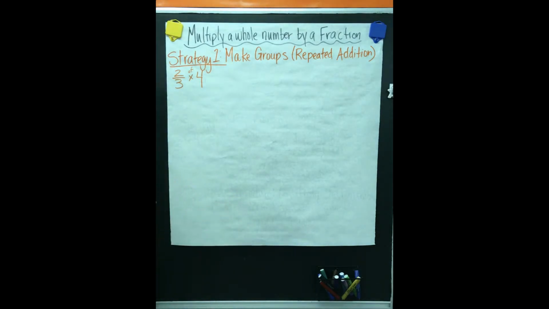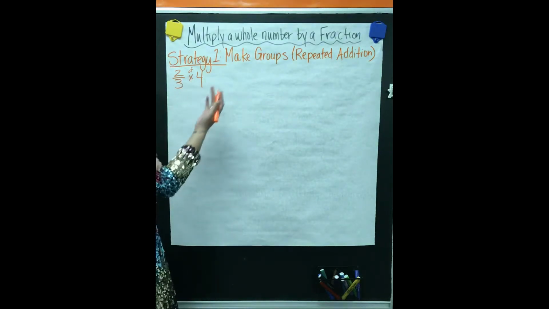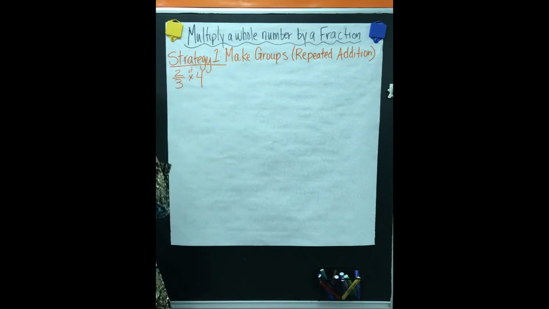And if we think back to what we talked about when we were scaling, is the answer to this going to be larger or smaller than our whole number? So we've got to keep all of these different things that we've learned in mind. We'll find out if it's larger or smaller, but you should have a decision made in your head to help check us and keep us on track.